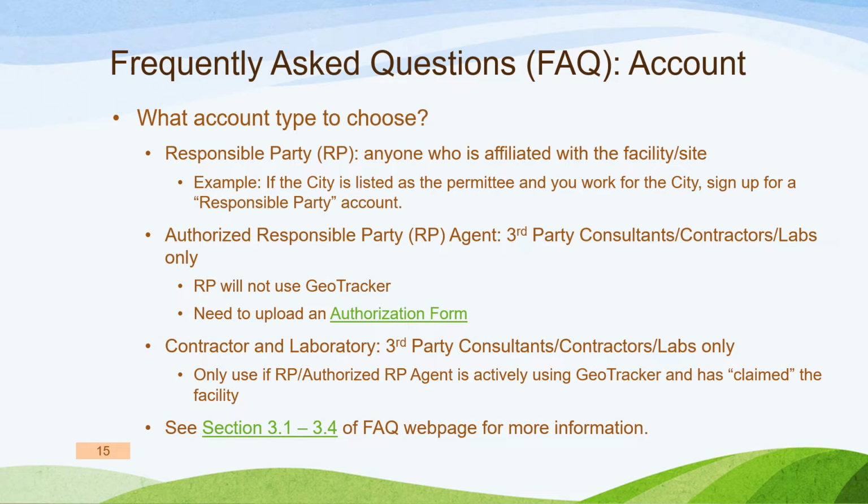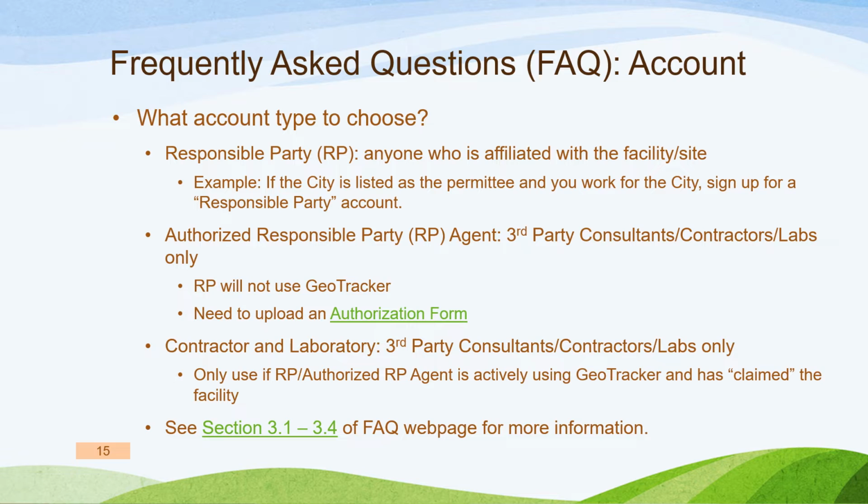Now, a common question that gets sent to the GeoTracker help desk is what account type should the regulated party use? There are 4 different account types on the ESI platform. The first one is responsible party, or RP, and that should represent anyone who's affiliated with the permitted site or cleanup site.